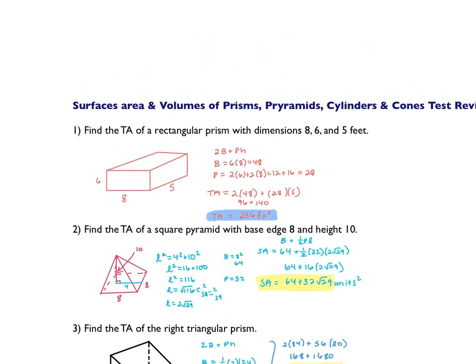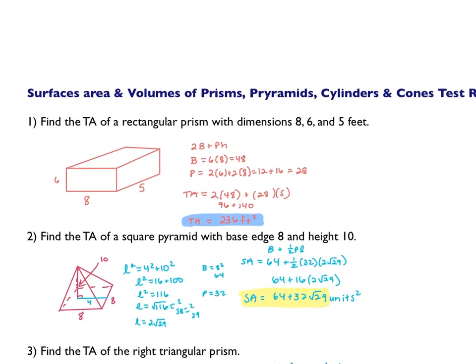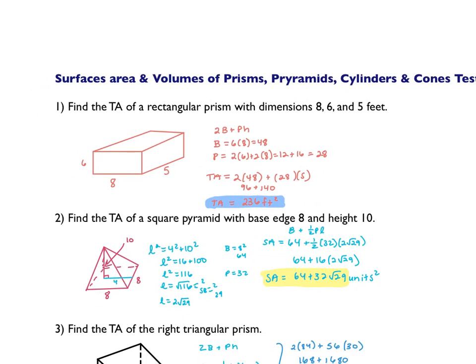Now, the test is not all multiple choice. Part of the test is free response. So for example, if the first question was that free response question, the instructions are going to say, enter only the numeric part of the question. So what that means is don't put units.